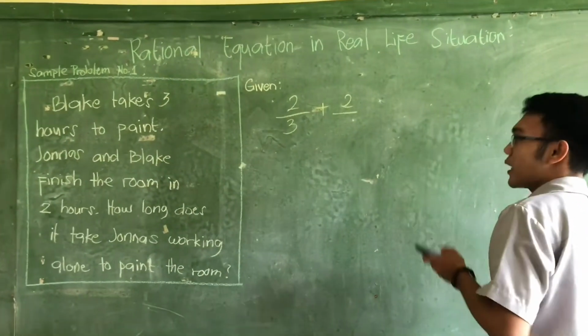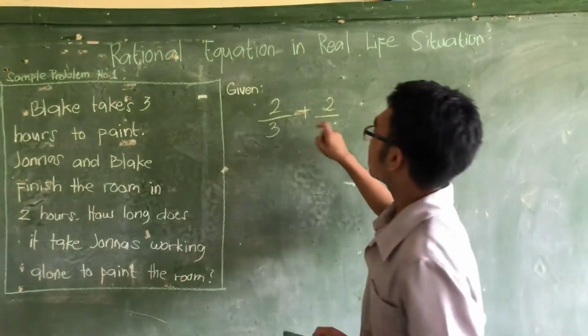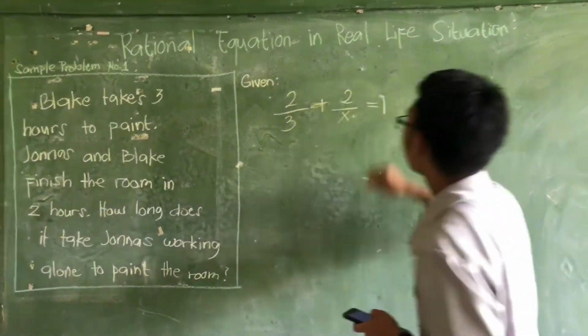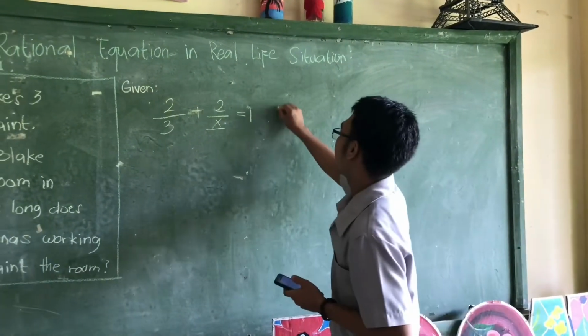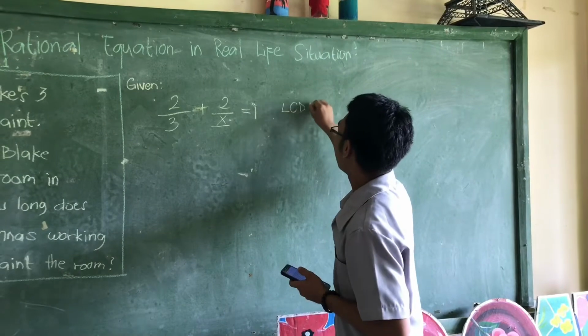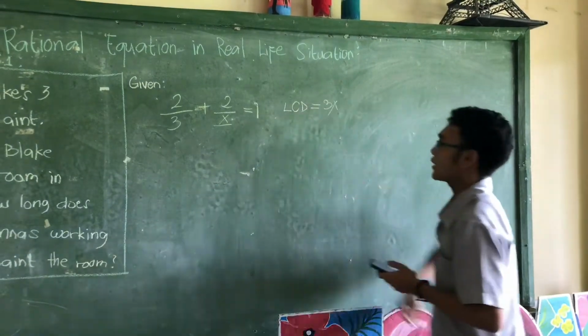The equation representing this is 2 over 3 plus 2 over x is equal to 1, for the one room. To solve, let's find the LCD first. LCD is equal to 3x.